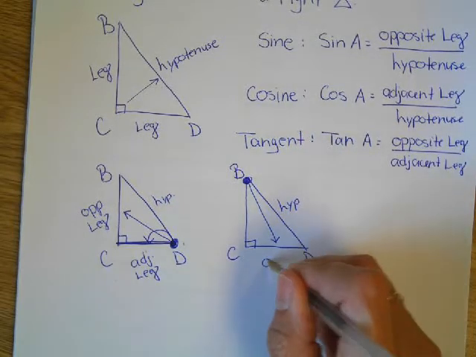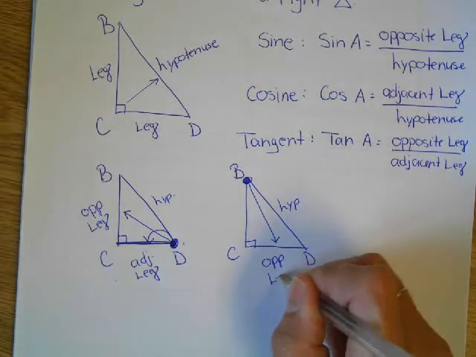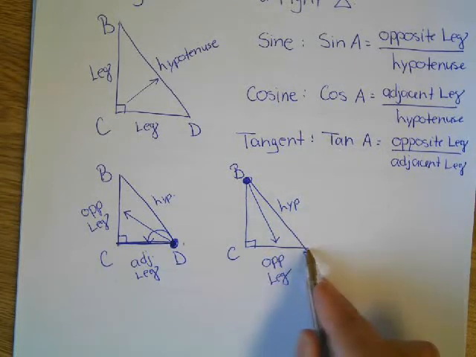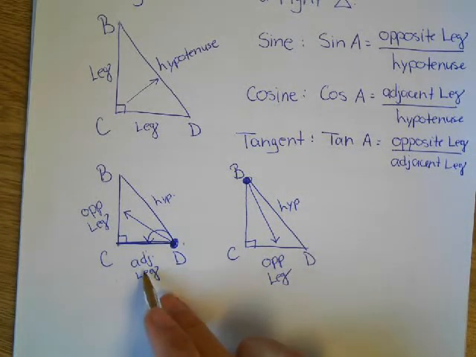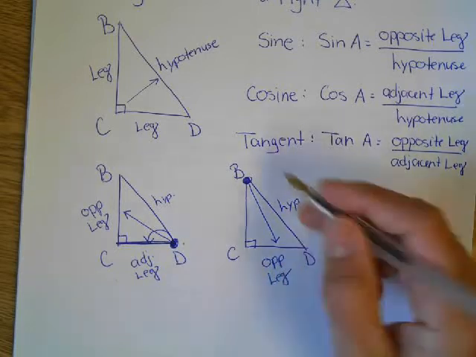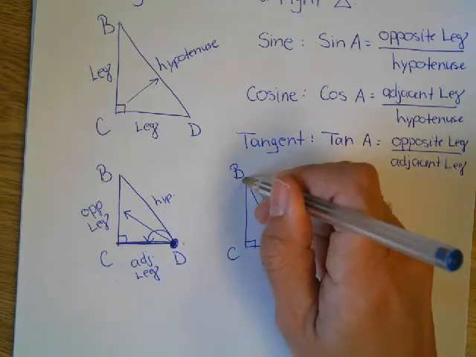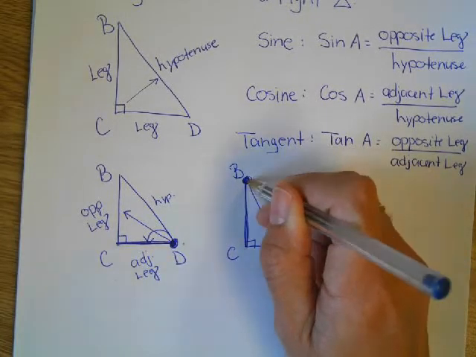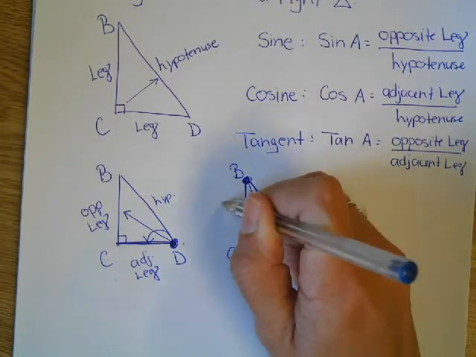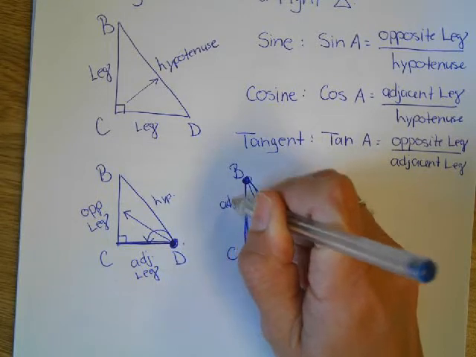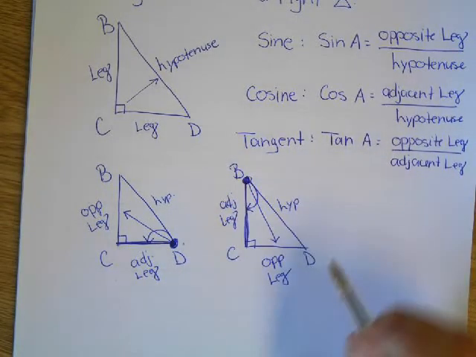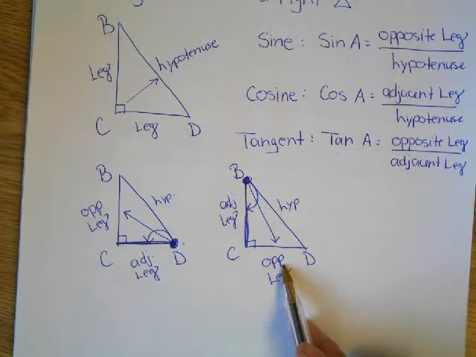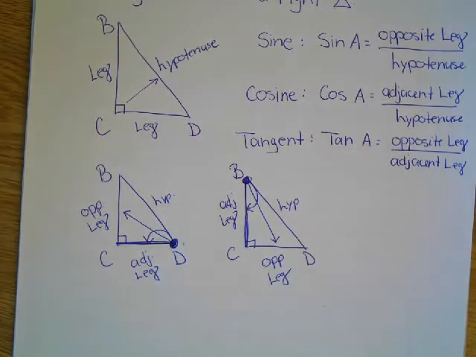So the opposite leg is now segment CD. Notice it was the adjacent leg here. And then the adjacent leg, if I'm standing on angle B, is this one because it runs into B. So the adjacent leg is right here. Okay, so opposite is across from, adjacent touches.